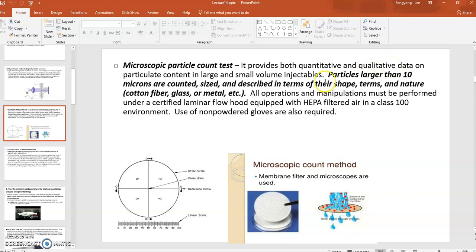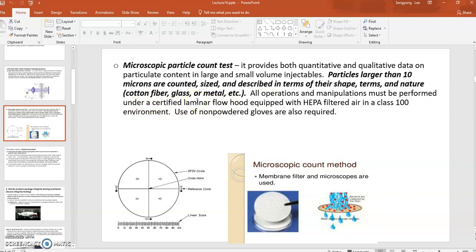Particles larger than 10 microns can be counted, sized, and described in terms of their shape and nature, and where they are coming from. Do they look like cotton fibers, or glass pieces, or metal pieces, etc.? All operations and manipulation must be performed under a certified laminar flow hood. Makes sense, right?